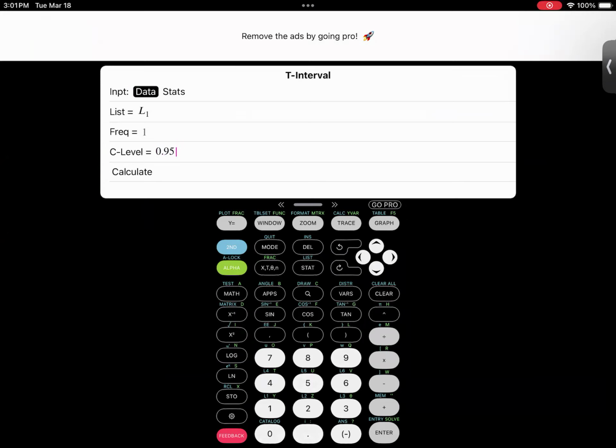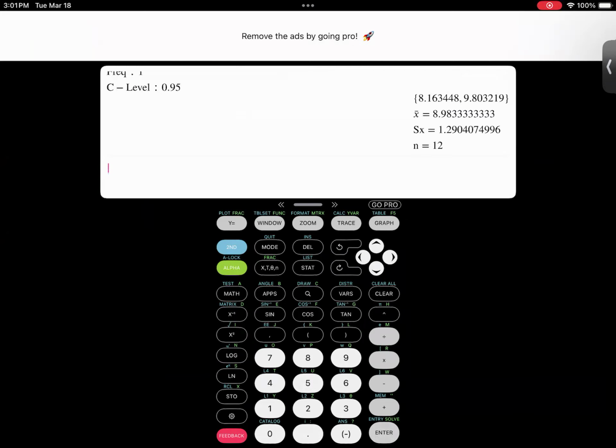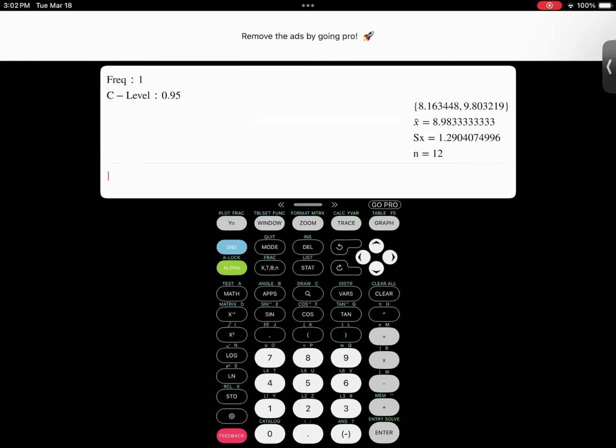After we input all these criteria, hit enter, and we get our confidence interval: 8.16 and 9.80. And notice that we're given the sample mean right here, x bar equals 8.98. We're going to use that when we sketch out the graph.